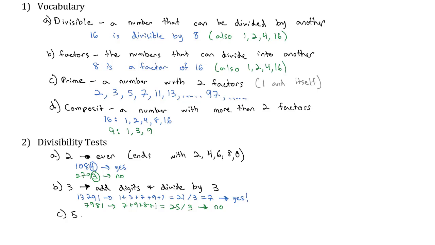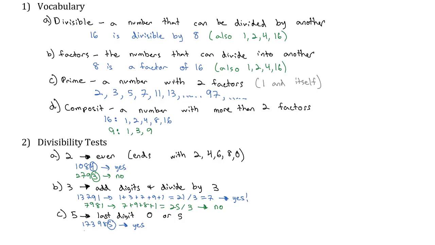The next prime number is 5. The way we know if a number is divisible by 5 is we look at the last digit. Is the last digit 0 or 5? So for example, if I've got the number 173,985, because the last digit is a 5, I know, yes, the entire number is divisible by 5.